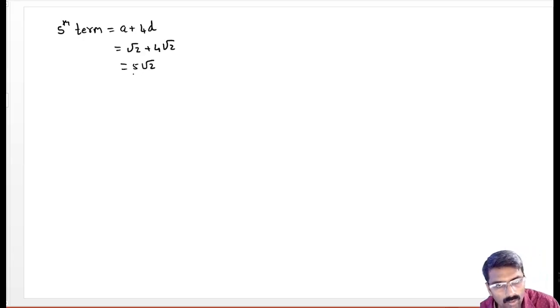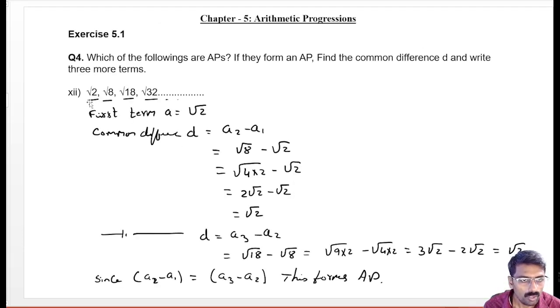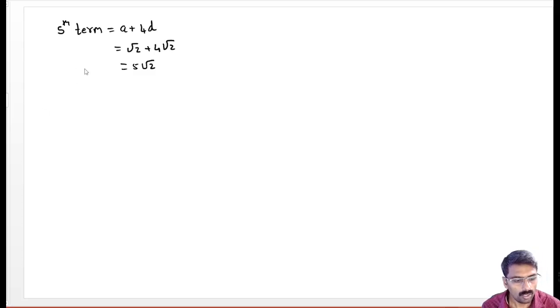Since our terms are completely inside the root, when we see our terms, root 2, root 8, root 18, root 32, everything inside the root, we need to find the next terms inside the root. So to find that, we need to consider this 5 inside the root, which would be equal to root of 5. When it goes inside, it will be squared, so 25 into 2, so that would be root of 50.